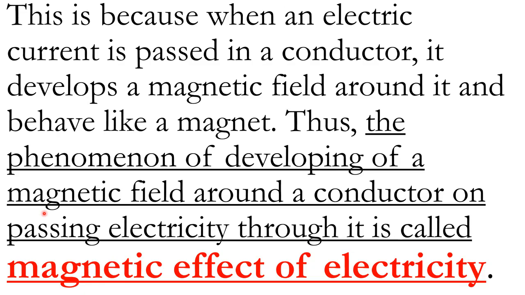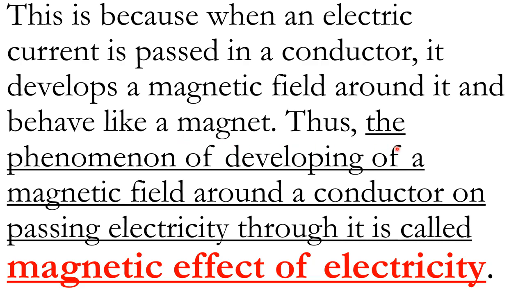Now, let's summarize. This is because when an electric current is passed in a conductor, it develops a magnetic field around it and behaves like a magnet.